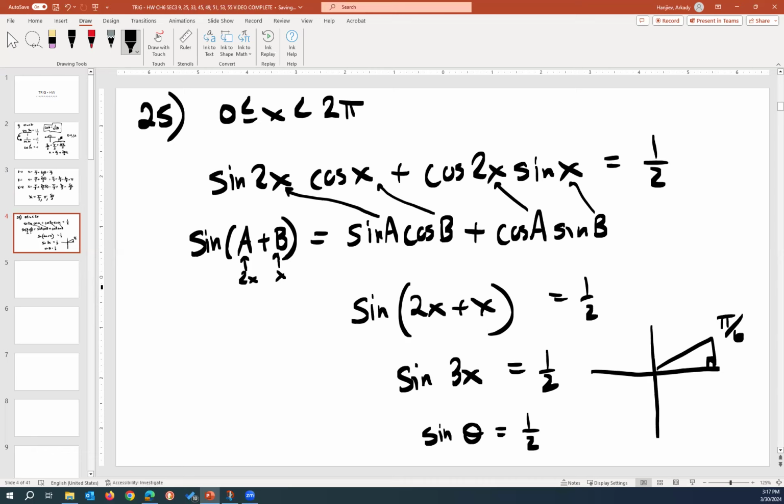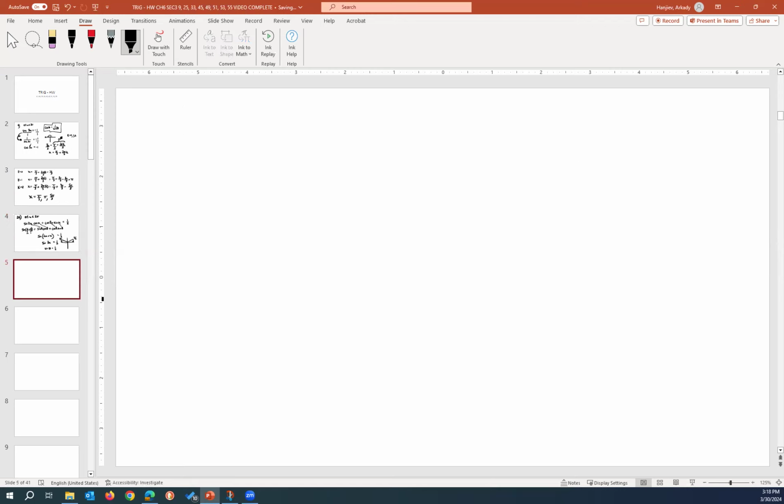And then the other one should be 5 pi over 6. Cool. Okay, so don't forget, I'm going to need all the answers, right? And then I'm not solving for theta, I'm solving for x. So now I have 3x is equal to pi over 6 plus all the revolutions I can make. Then I have another one, 3x is equal to 5 pi over 6 plus all the revolutions I can make.